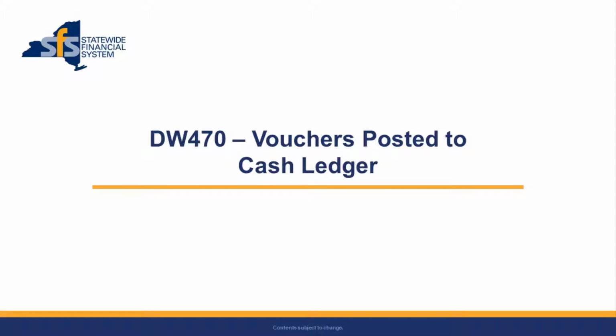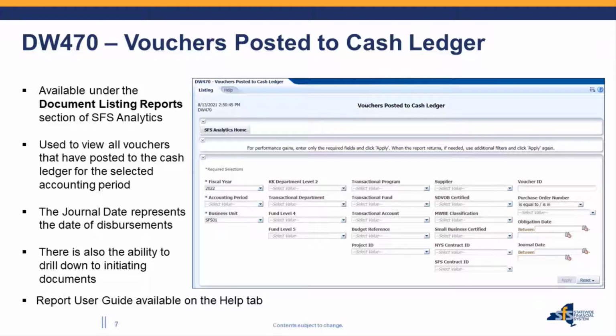Just some brief info before we get into the live demonstrations. First, an overview of the Vouchers Posted to Cash Ledger report. This is available under the Document Listing Report section of SFS Analytics. You can use this to view all vouchers that have posted to the cash ledger for the selected accounting period, and the journal date represents the date of disbursement.